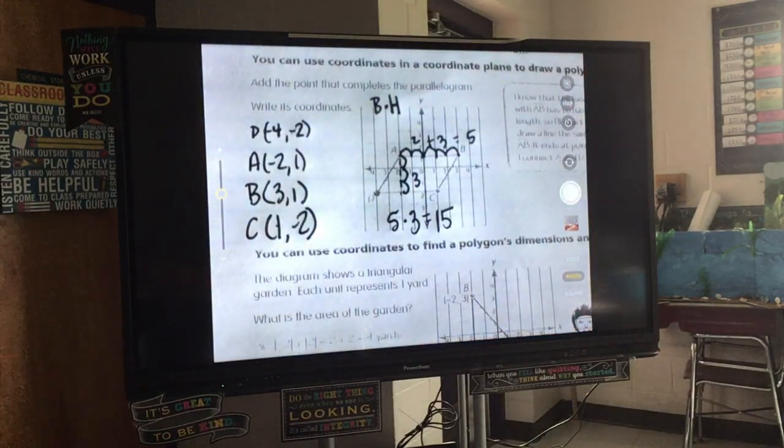Does that make sense? Questions about where I got my 5 or my 3? What did I use on the top line to figure it out? Because I did 2 and then I did 3 and I added them together. So what did I use? Callie? The blocks. Yes, but there's something else.